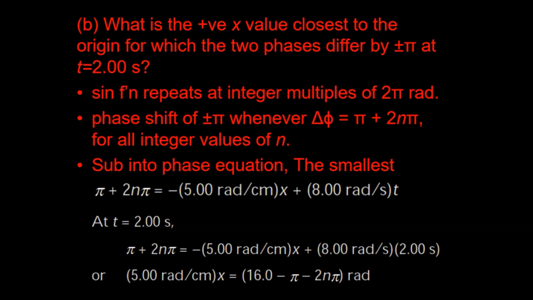So at t equals 2, we will end up with pi plus 2n pi, which essentially will be 8 times 2, or 16, minus 5 radians per centimeter times x. So 5x will equal 16 minus pi minus 2n pi radians.